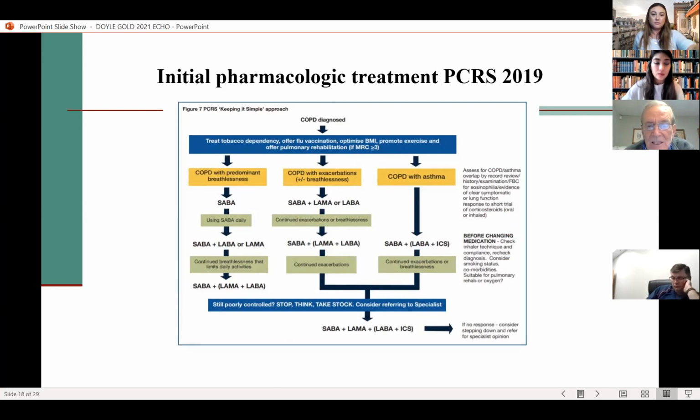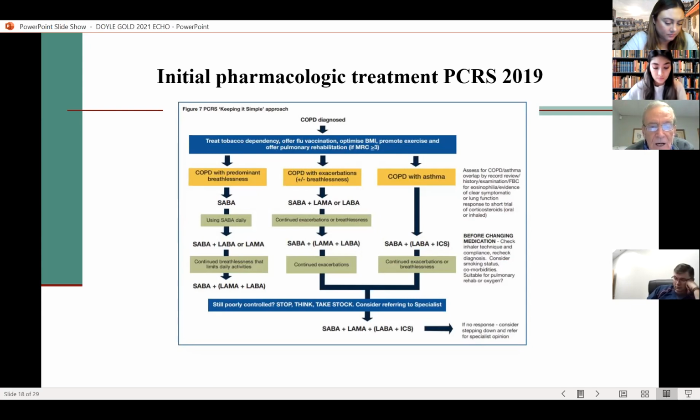And you can see that's where they use ICS. That's the only category where they're using LABA ICS. The other two, when you don't have that asthma reversibility category, they're recommending LAMA-LABA plus SABA, or a SABA with LABA or LAMA.